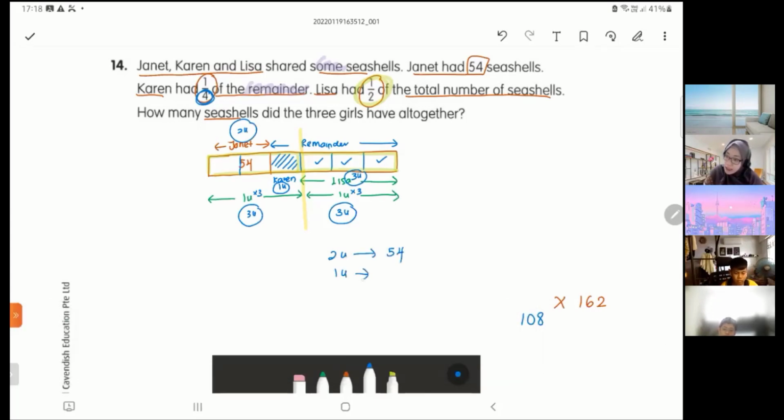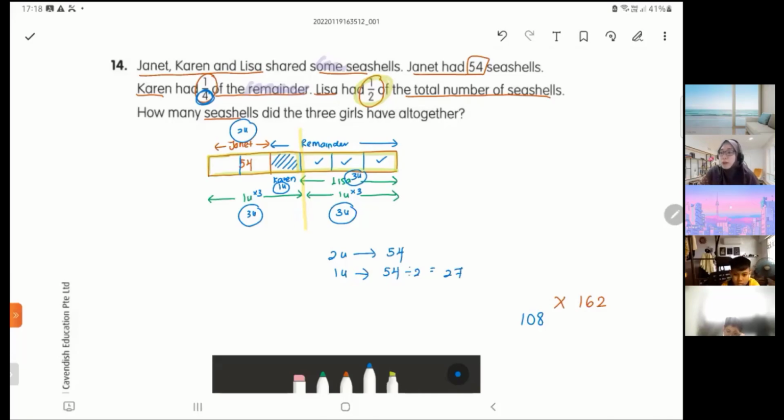1 unit is 54 divided by 2. Okay, so 54 divided by 2 will be, wait, calculator. 54 divided by 2, 27. Okay, do I want 1 unit?